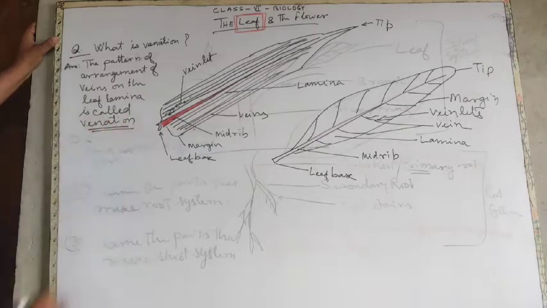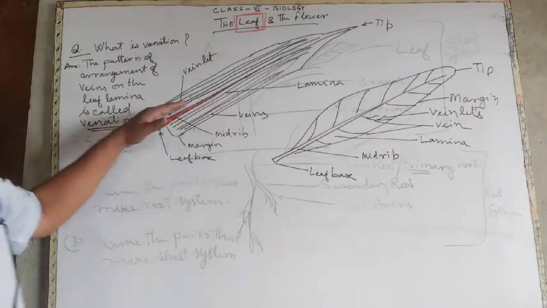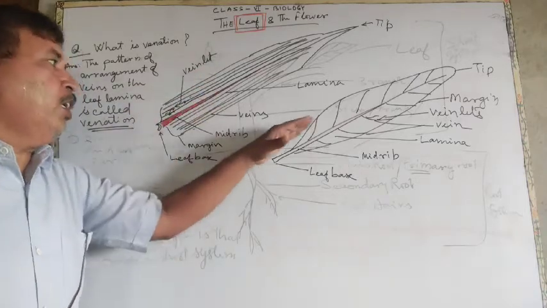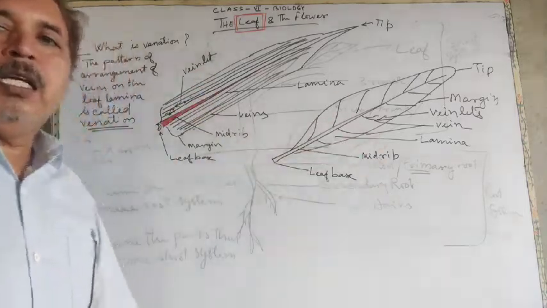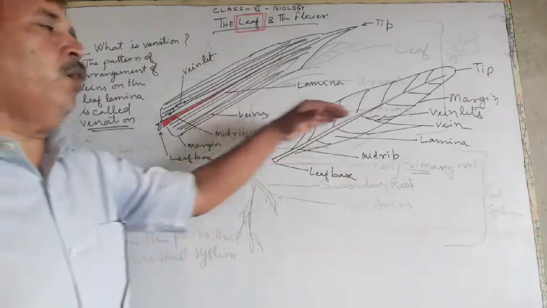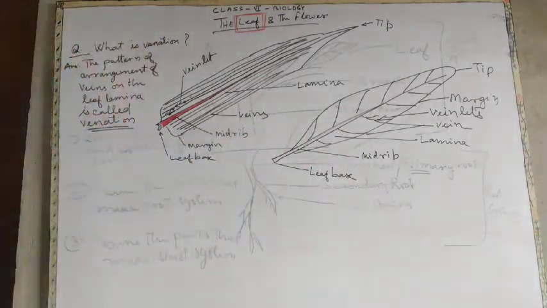Is the pattern of arrangement. Here the veins are arranged parallel to the midrib. Here the veins are not parallel, they are developing either slightly perpendicular or angular to the midrib, right?